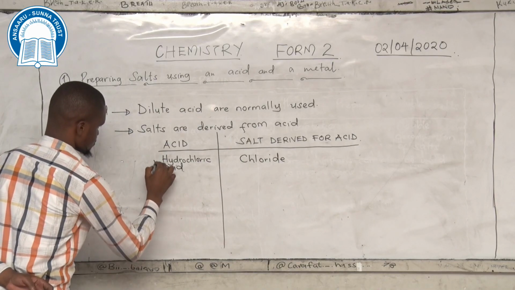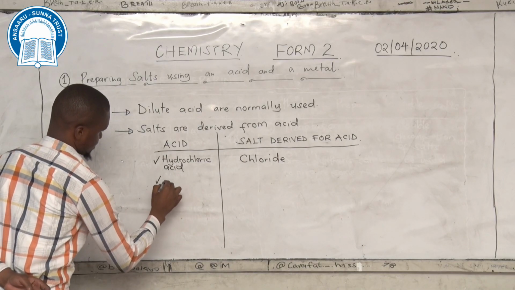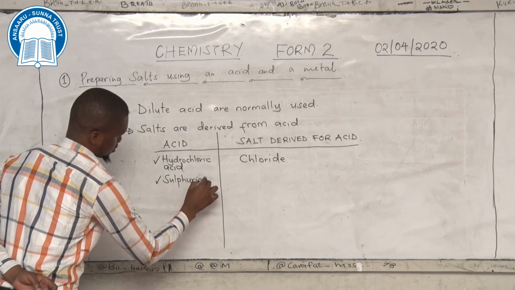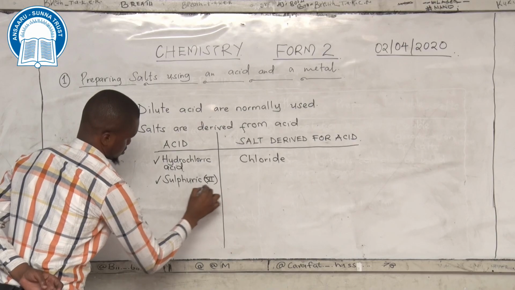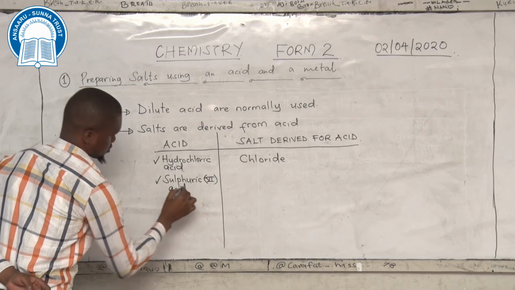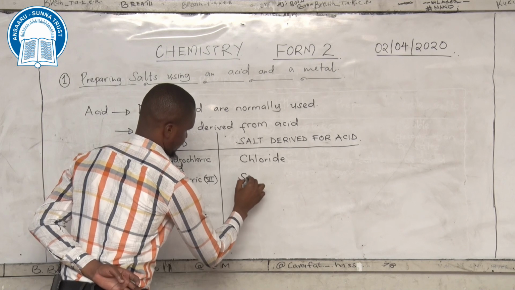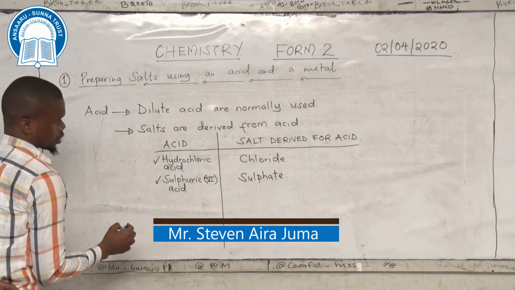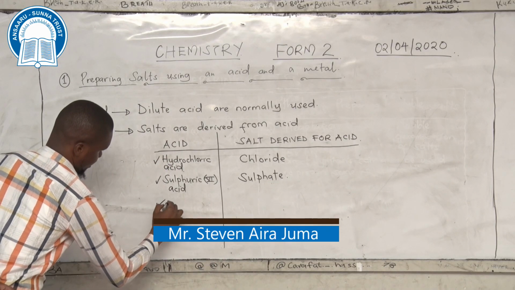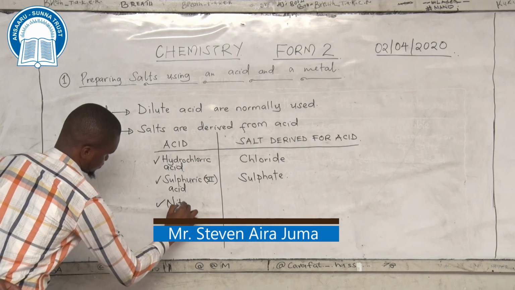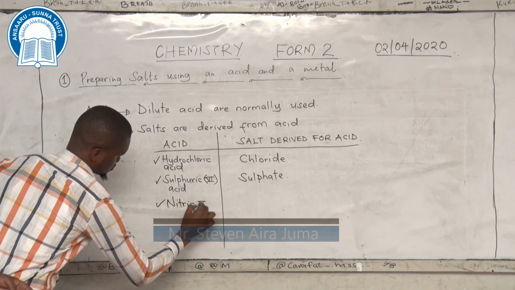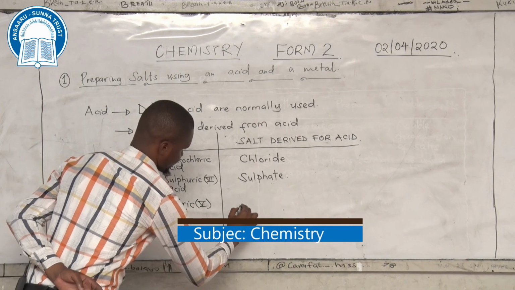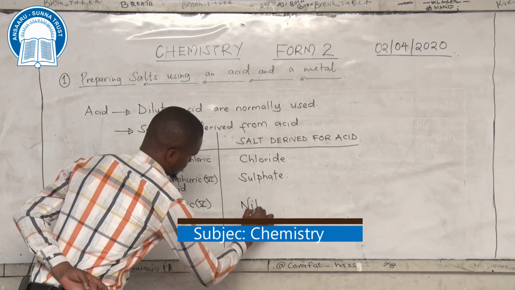If the acid is sulfuric(VI) acid, then the salt we will derive is a sulfate. And if the acid is nitric(V) acid, the salt we will get from here is a nitrate.